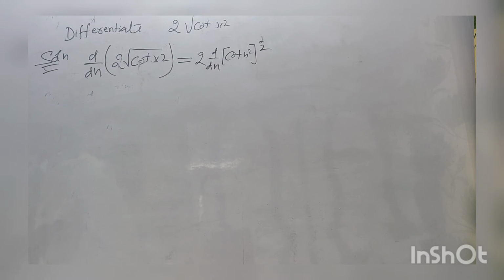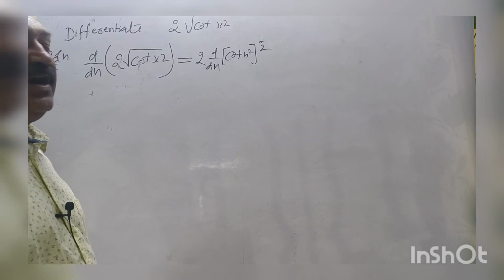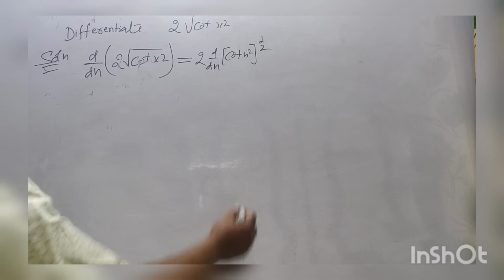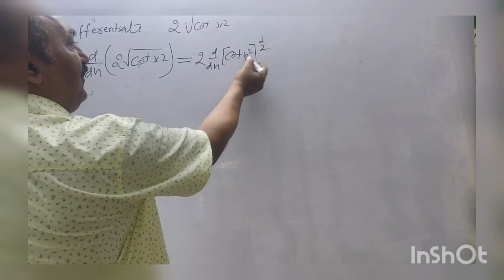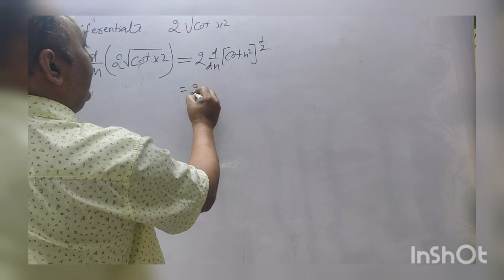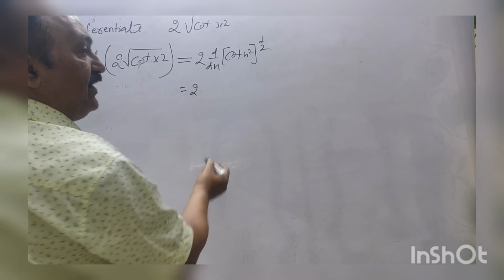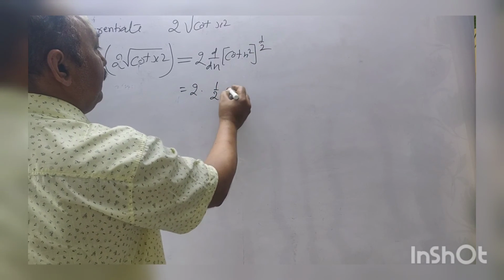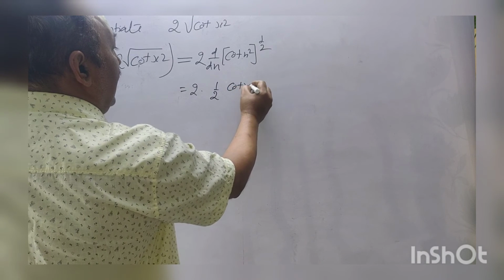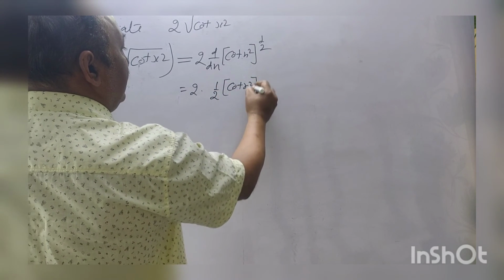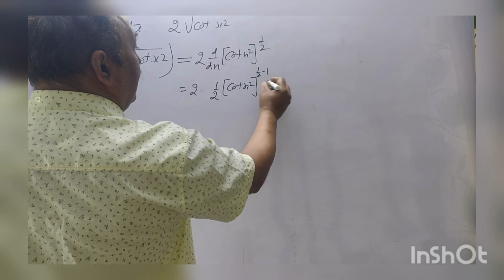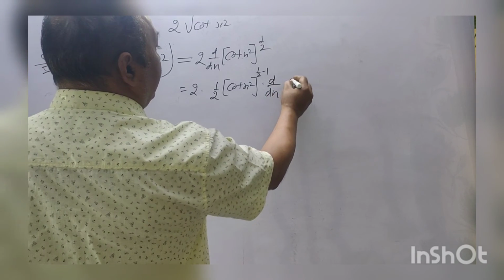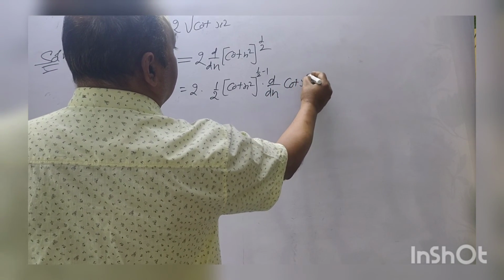Square root can be converted as the power 1 by 2. Now applying the formula of derivative of f(x) की power n, that is n into cot of x square raised to power 1 by 2 minus 1, further derivative of cot of x square.